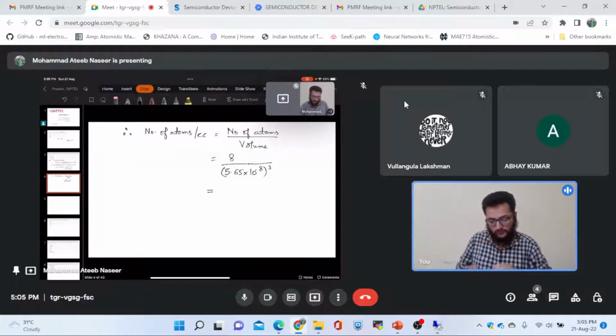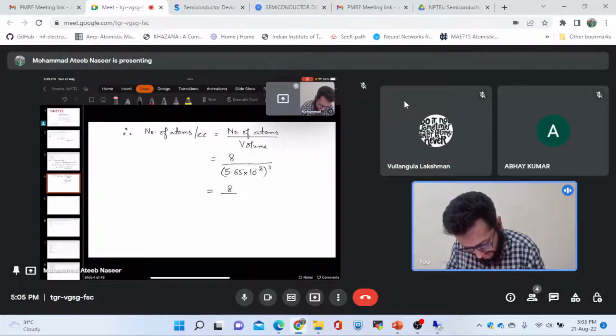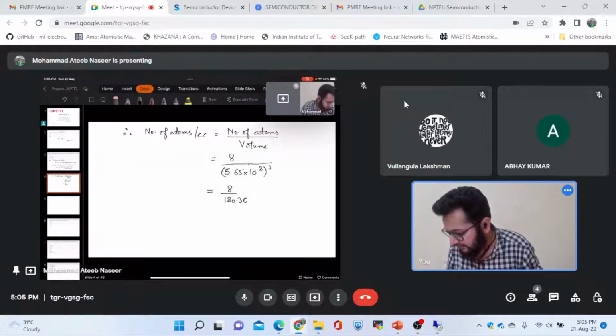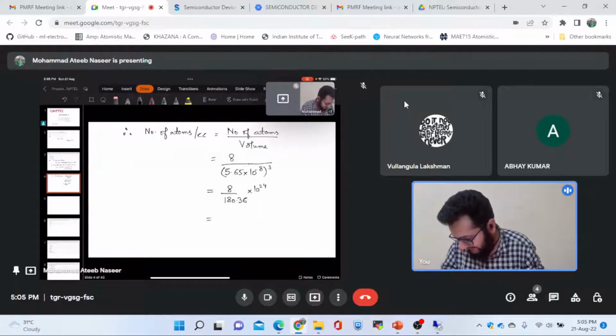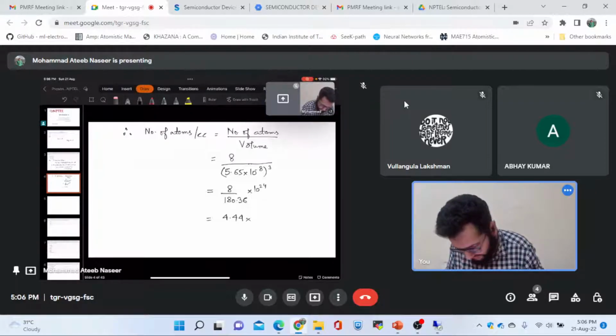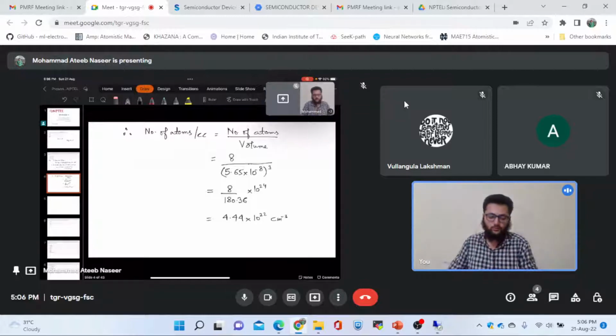So let me solve this on my calculator. It will give 8 divided by 180.36 into 10 raised to the power minus 24, or simply when I divide 8 by 180, it will give me 4.44 into 10 raised to the power 22 per centimeter cube.